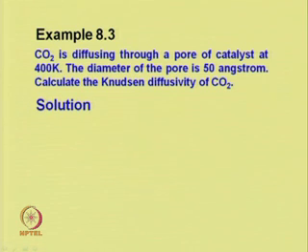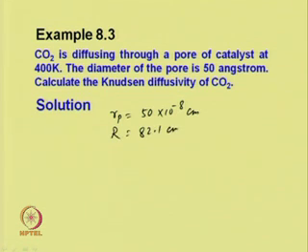CO2 is diffusing through a pore of catalyst at 400 Kelvin. The diameter of the pore is 50 angstrom. Calculate the Knudsen diffusivity of CO2. The given values are R P is 50 into 10 to the power minus 8 centimeter, R is equal to 82.1 centimeter cube atmosphere per gram mole Kelvin.